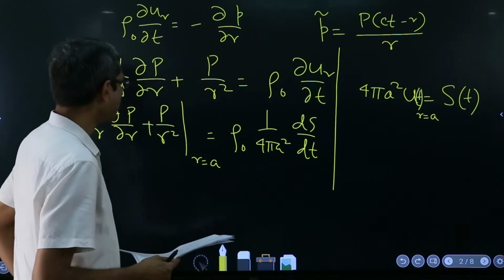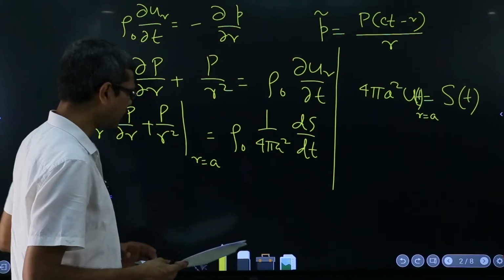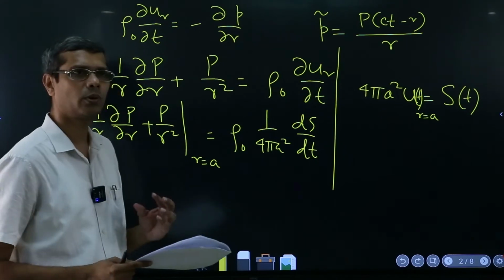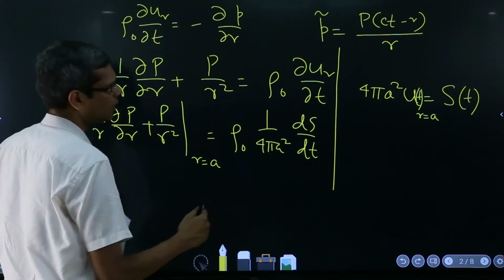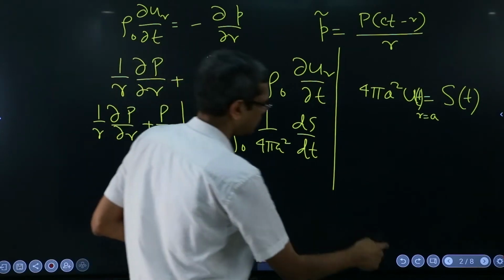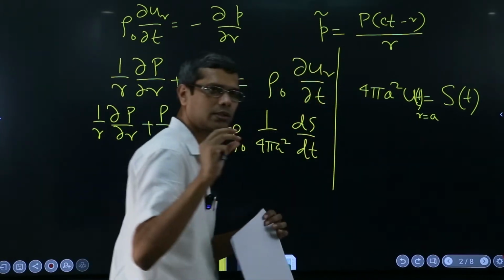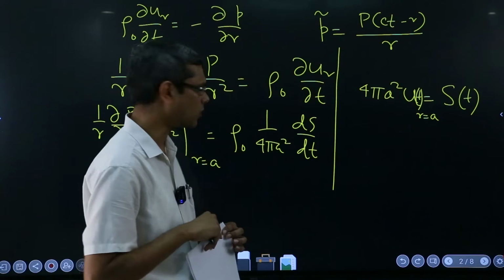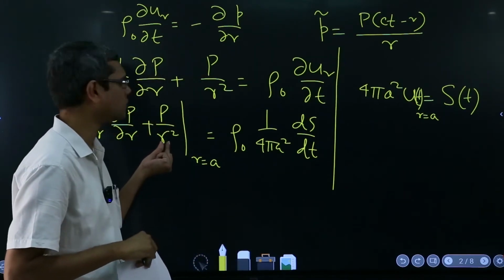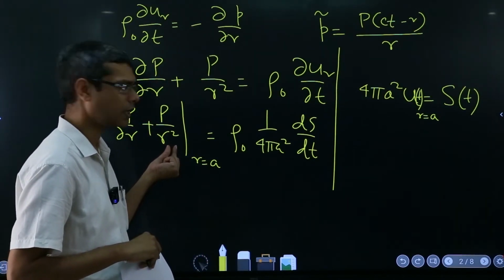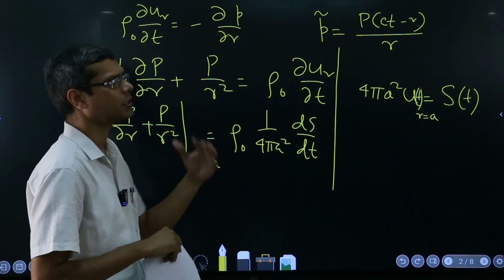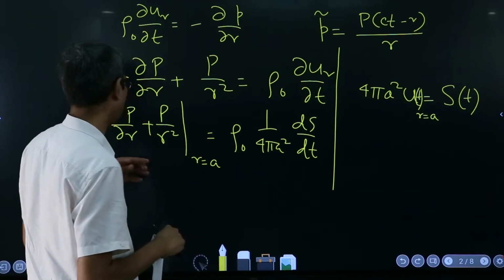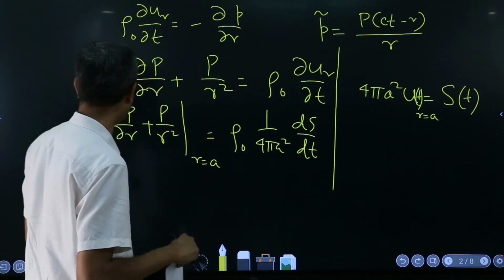Now if we are talking about say small sources, okay, that means the size of the source is very small, that means this r is very small, okay, then this r square is a much faster rising function than r.